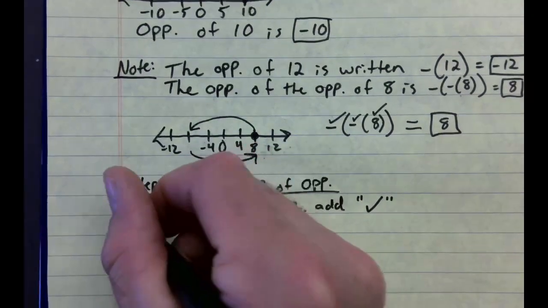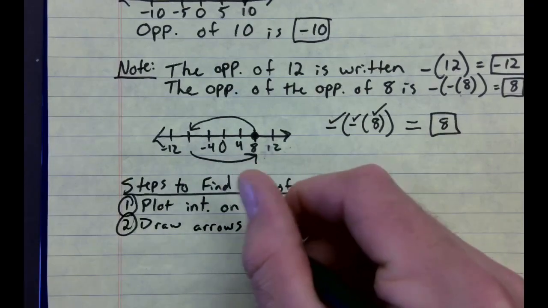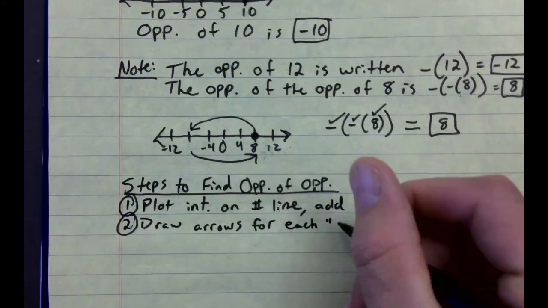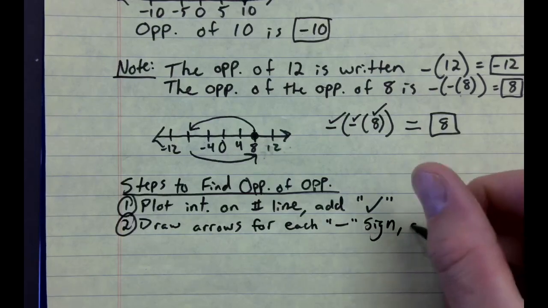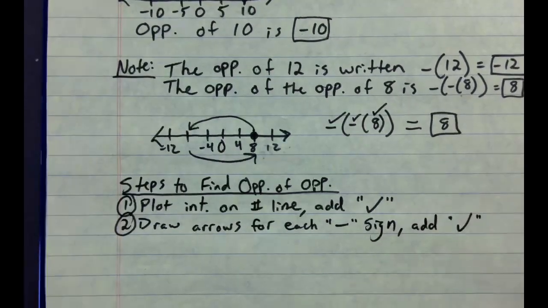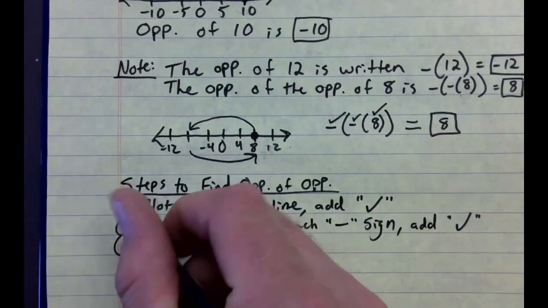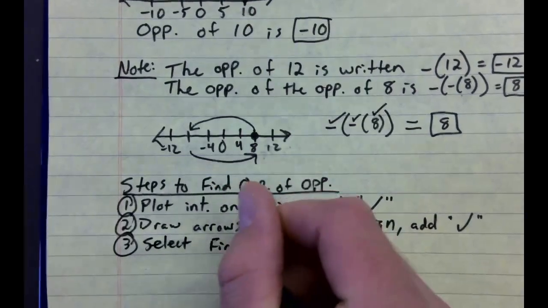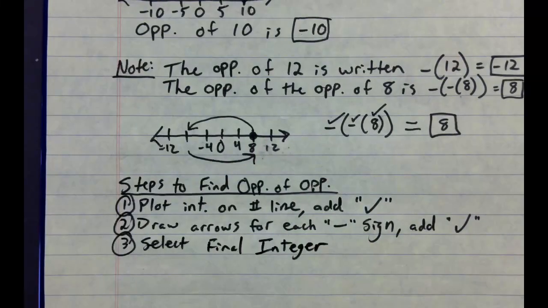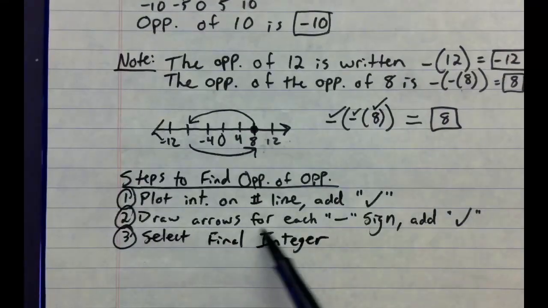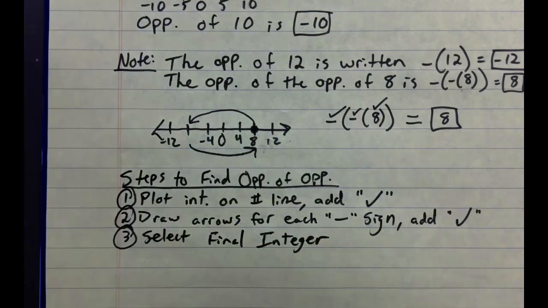Secondly, our second step is to draw arrows for each negative or opposite sign. And then, of course, add a check, just like what we did right up here. And lastly, that third step is select the final integer. That's it. So plot the integer on the number line, add a check, draw your arrows for each opposite or negative sign, add your check, select the final integer. That's it.